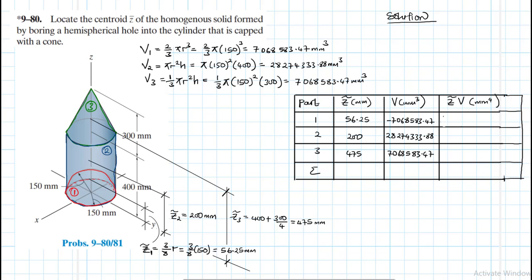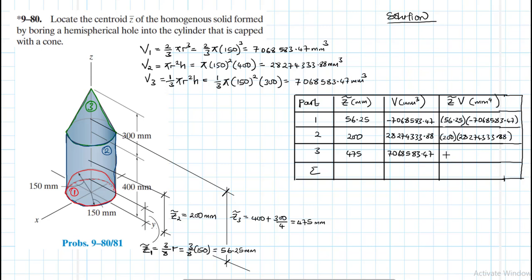So product, I'll just get them in the calculator. 56.25 by minus 7,068,583.47 as a product, and then the other one is 200 by 28,274,333.88.